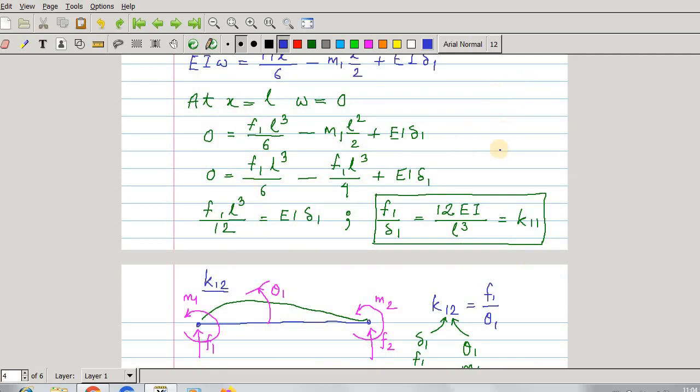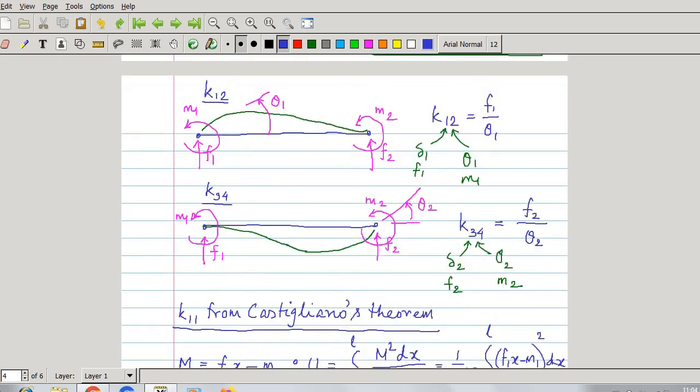So in this way you can find out K11. Similarly, if you want to find out K12, for K12 this delta 1 should be equal to 0, only displacement will be given at 2. So theta 1 will be given only, and here delta 2 is 0, theta 2 is 0.